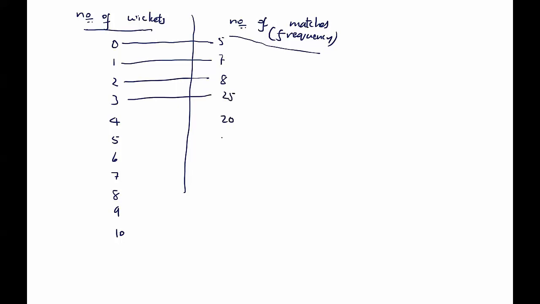Like that, 4 wickets 20 times, 5 wickets 17 times, like that, 8, 4, 3, 2, 1. So in this frequency, the 50th and 51st match, the answer is 4. This is the end of the question.